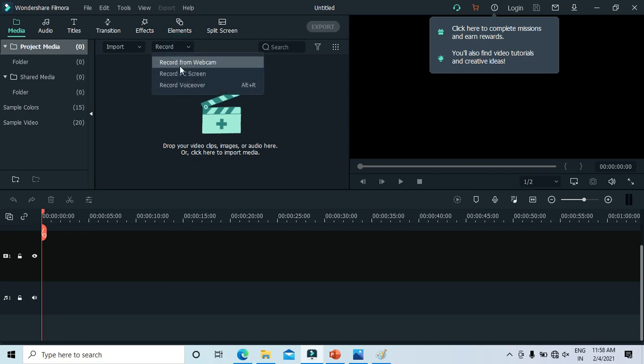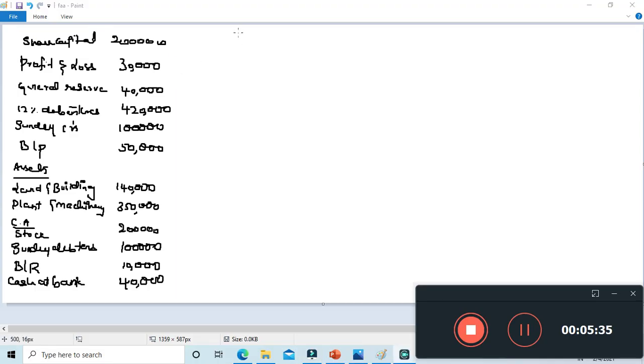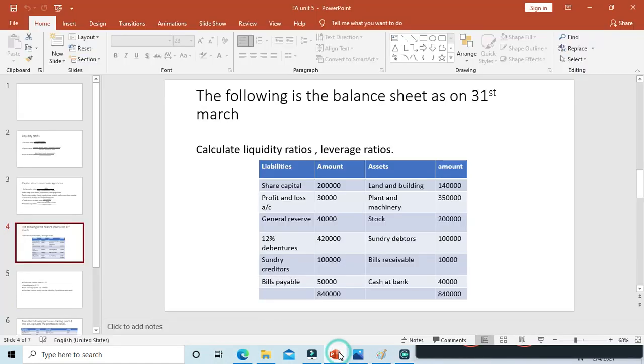First one is current ratio. The formula is current assets divided by current liabilities.